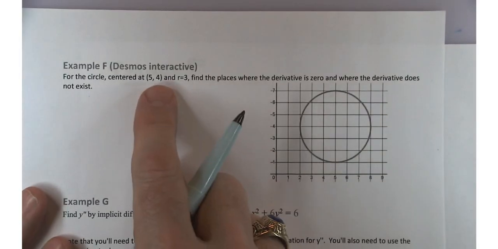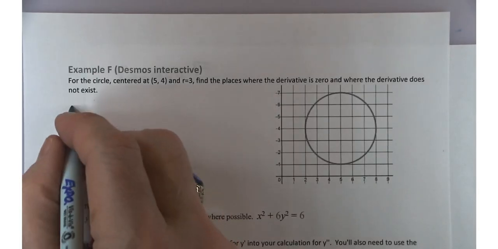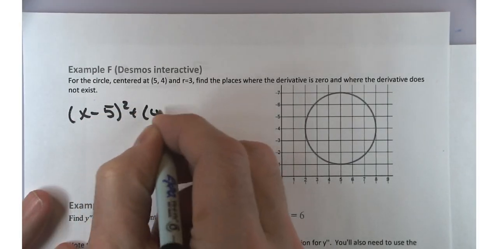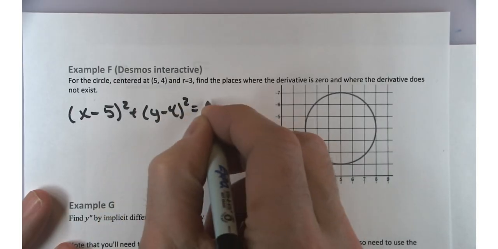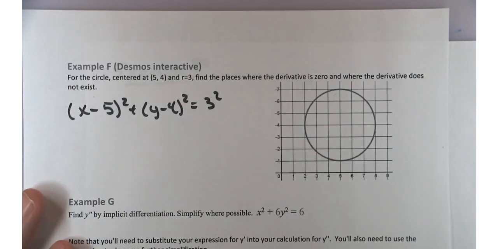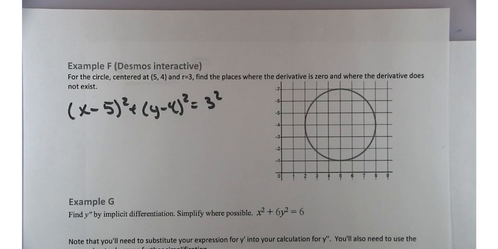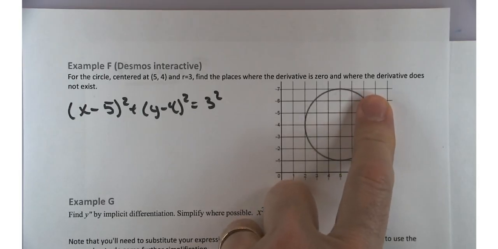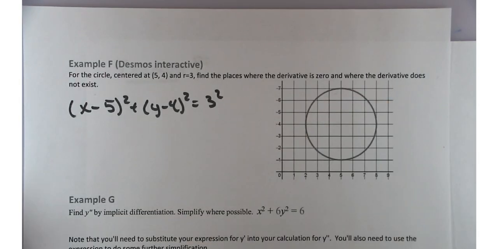So if you're asked to find the equation here, it's going to be x minus 5 squared plus y minus 4 squared equals 3 squared. That's our equation. And we can try and find the slope of the tangent line, which is going to tell us where the slope doesn't exist or it's equal to 0.